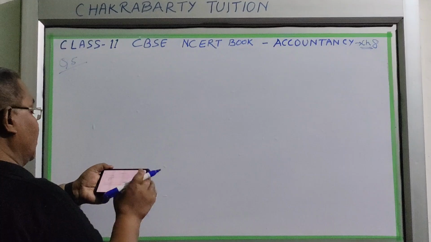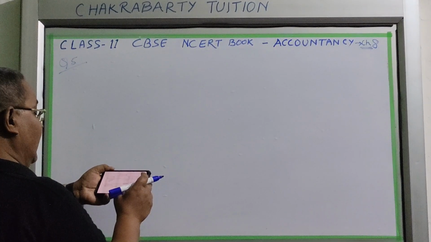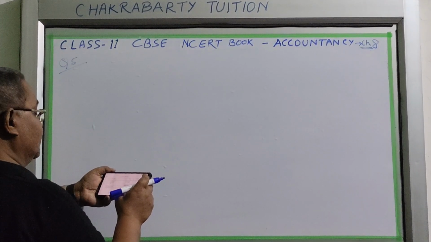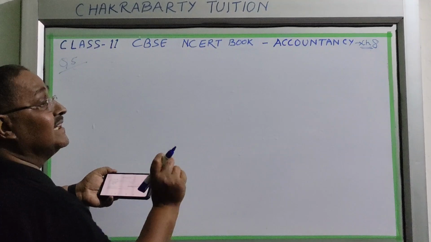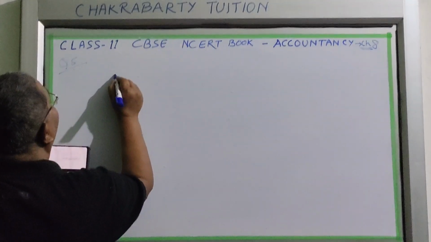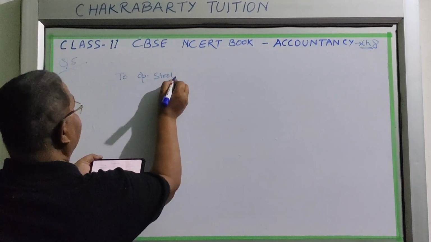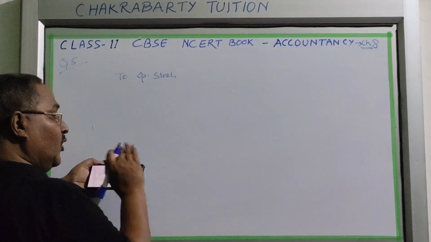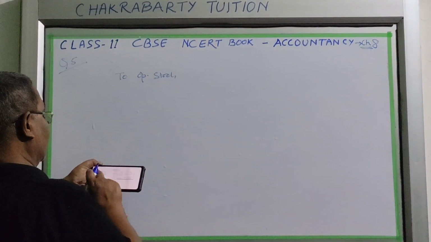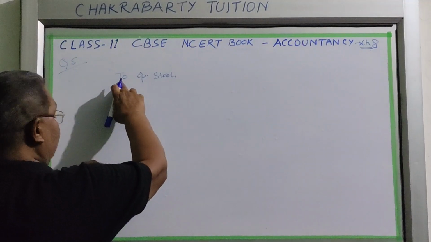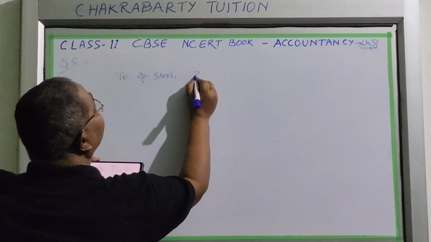Like opening stock is given in debit, so we have to make opening stock as credit. So we have to write opening stock, so that this amount will go off from the trial balance. Opening stock is on the debit side, we have written it in credit. This is the way.